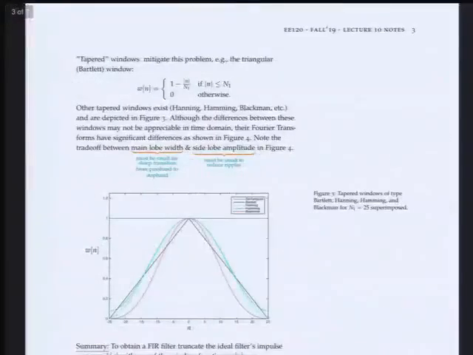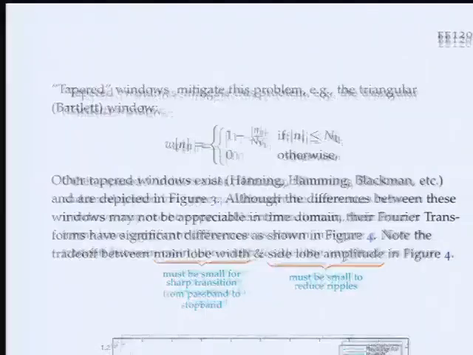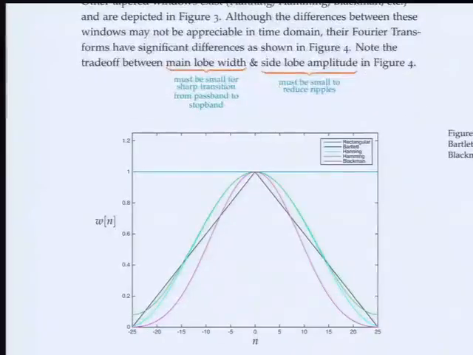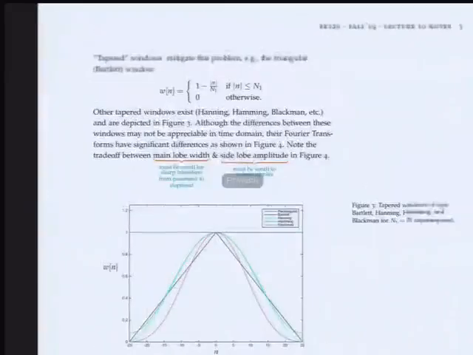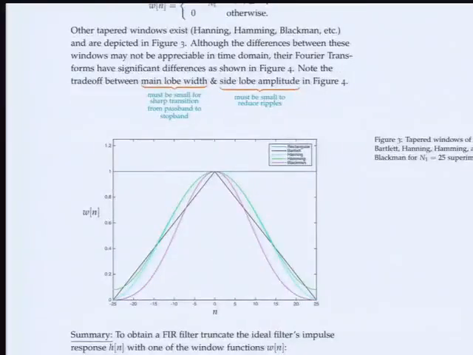A bunch of people came and defined their own tapered windows. There are a bunch of names involved in this. And they all look alike too in some sense. So one of the well-known windows is the so-called rectangular one. This one is simple. It's the black one here, right? So this person, whose name must have been Bartlett, because these windows are also called Bartlett windows in addition to being called triangular, said, this rectangular window function has too many high frequency components, so let me just use a triangular one.